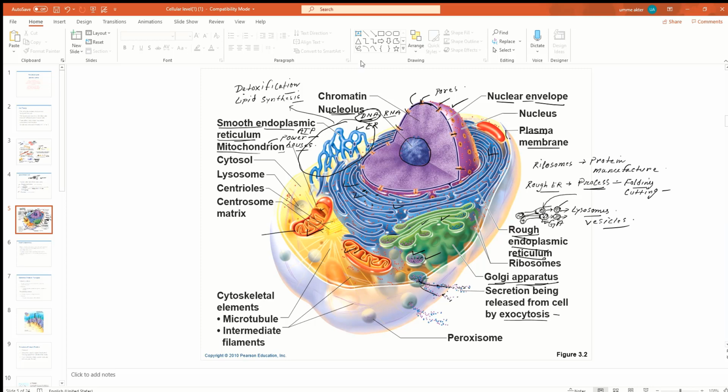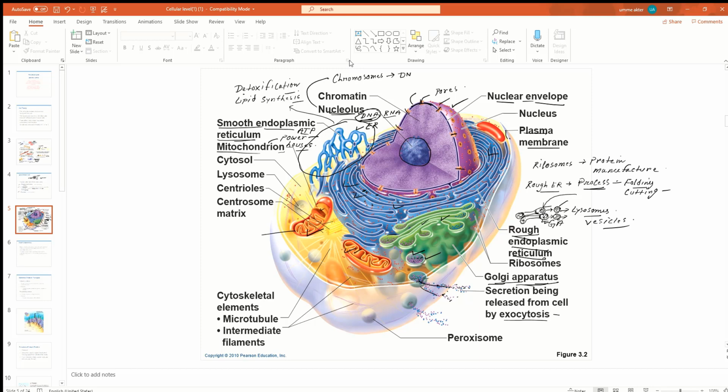If you look inside the nucleolus, you will find chromosomes, thread-like structures, and in the chromosome you will find DNA.